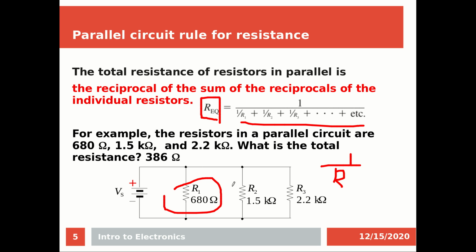Okay, so if you have, for example, a circuit like this one, 681.5 kilo, 2.2 kilo, then the total resistance, if you calculate it in your calculator, you will find using this equation.